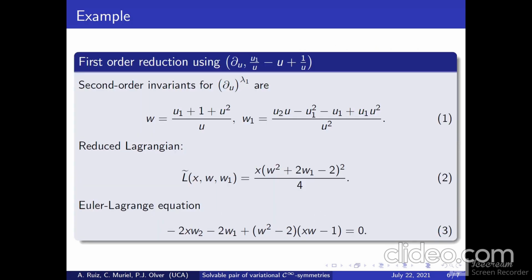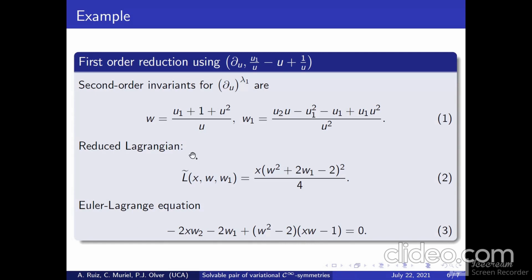So first, we are going to perform an order reduction of the original Euler-Lagrange equation by 2 by using the first variational C-infinity symmetry. For that, we consider a complete set of second-order invariants for the lambda prolongation of the vector field, this one. It can be checked that the second-order invariants for this vector field are these two functions, w and w1.